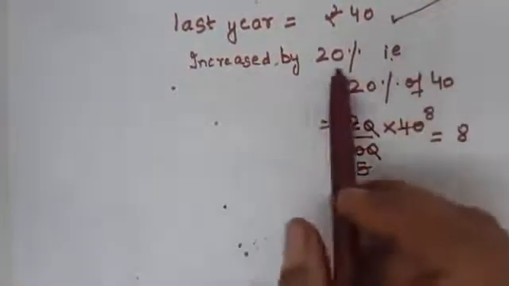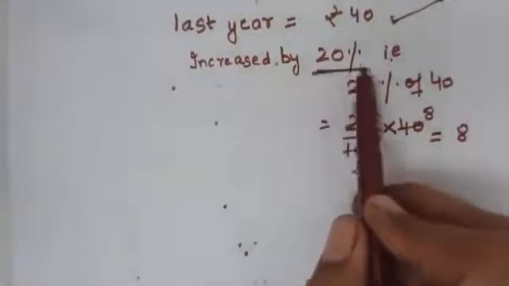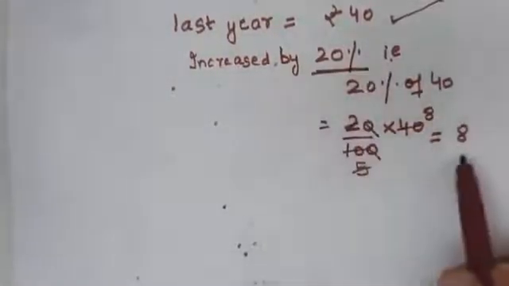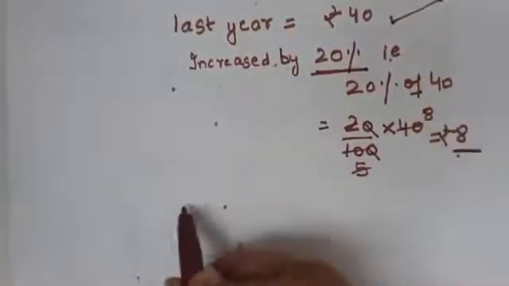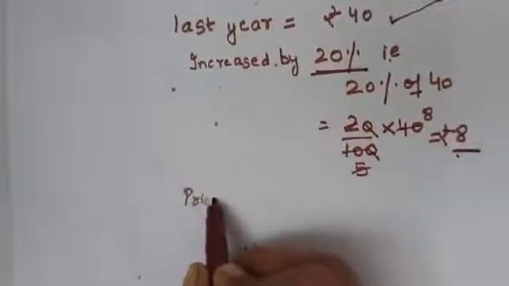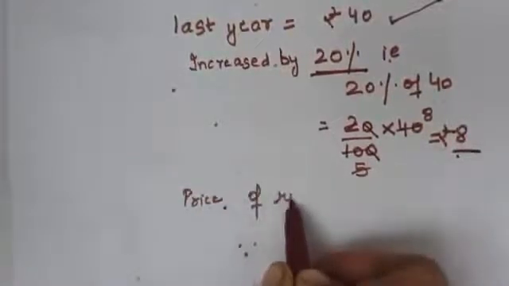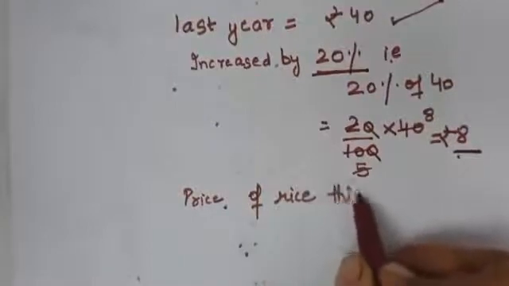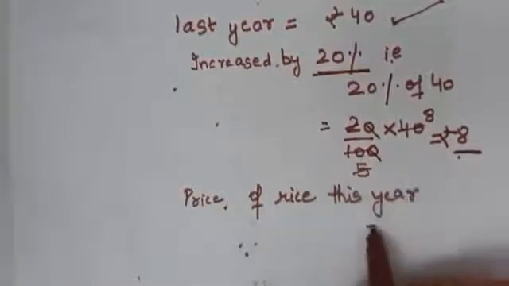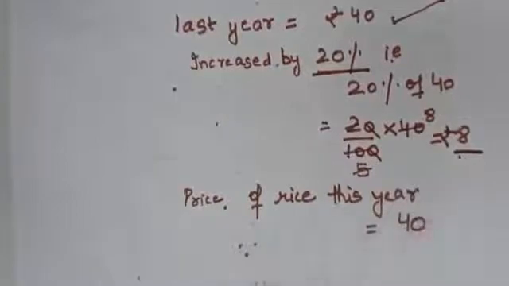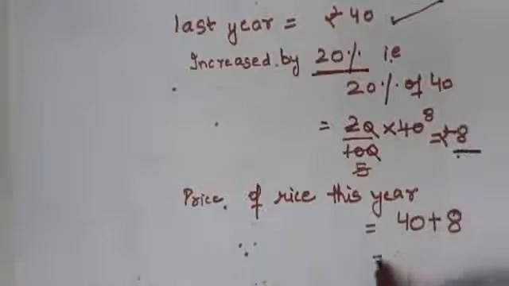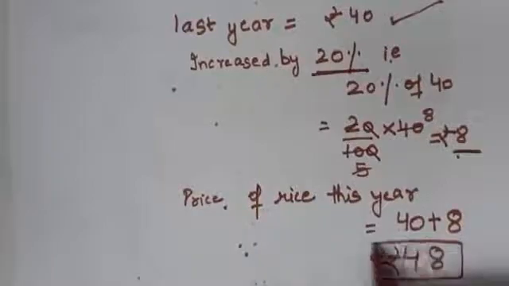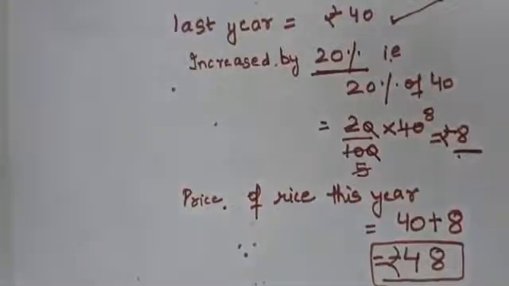This year the price is increased by 20%, means the price is increased by rupees 8. So now the price of rice this year will be 40, which was there already, plus 8 rupees increased. So finally we got 48 rupees, which is the price of rice this year. Clear?